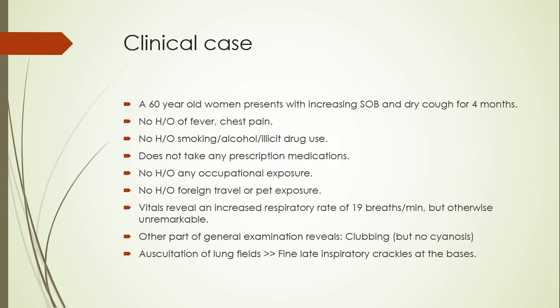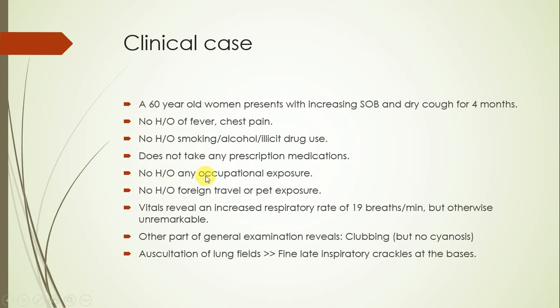There is no history of smoking, alcohol, or illicit drug use. Smoking sometimes can cause dry cough and sometimes can lead to COPD or emphysema, which might have associated shortness of breath. But this patient does not have any history of smoking. She does not take any prescription medications. That is also very valuable information, as some of the drugs that are used in treatment of UTI and other chemotherapeutic agents might cause lung fibrosis, which might lead to dry cough and shortness of breath.